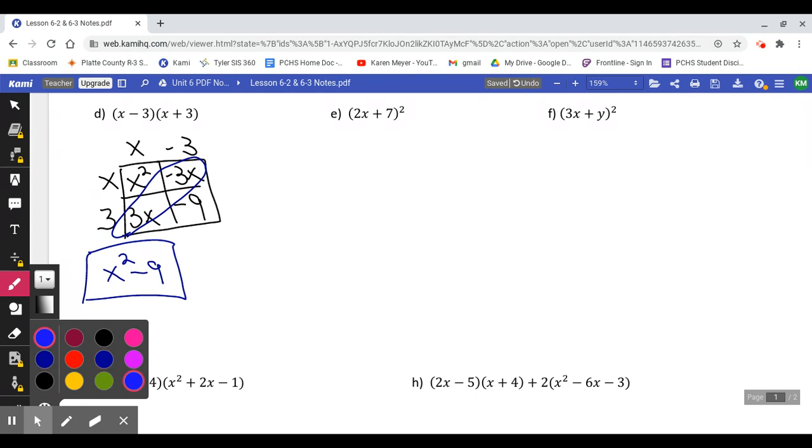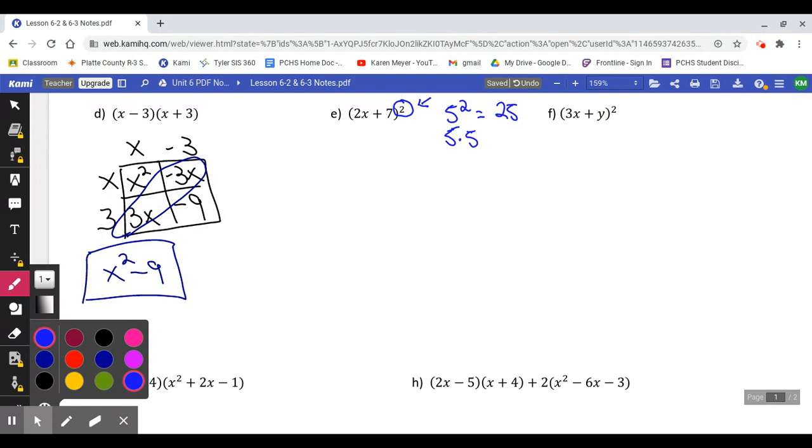Okay, E is a little different because E doesn't have 2 parentheses. But when you look at E, you're going to hopefully notice this little power on the outside of the first parentheses. So for example, sidebar, if I said 5 to the second power, hopefully everybody says, oh, the answer is 25, and I got 25 because I took 5 times 5.